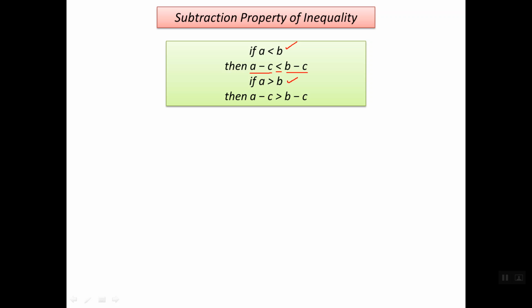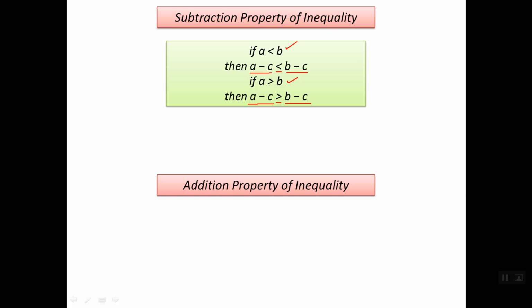Again, if a is greater than b, and we subtract c from the left side, we should subtract the same value, which is c, from the right side, and the inequality stays the same. So this is the subtraction property of inequality.